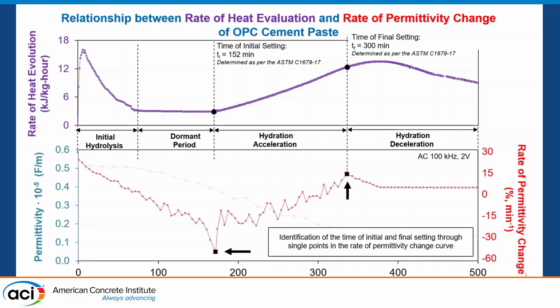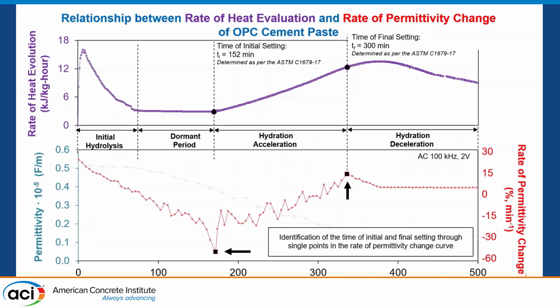So, from this slide, we can safely conclude that we can use the rate of permittivity change to identify the time of initial setting and time of final setting through single point identifications.